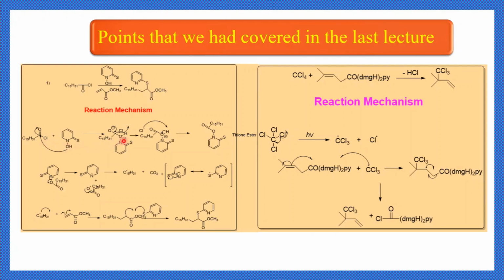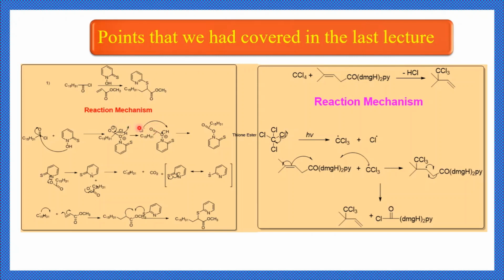It's a tertiary oxygen. Then the oxygen anion delocalizes here, forming a carbon-oxygen double bond, and chlorine leaves as Cl minus.